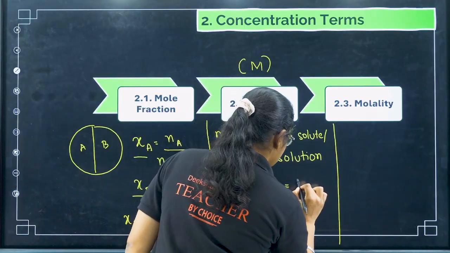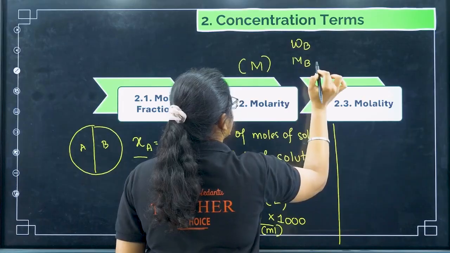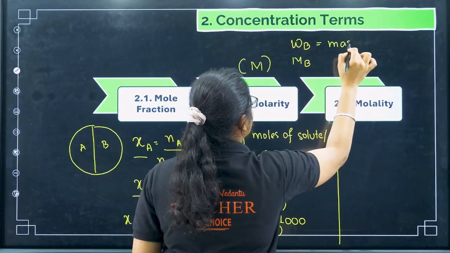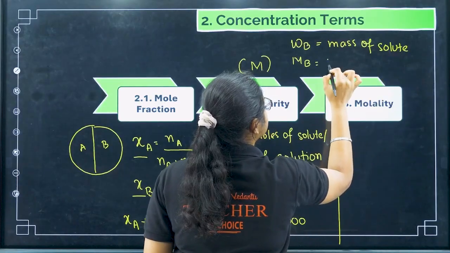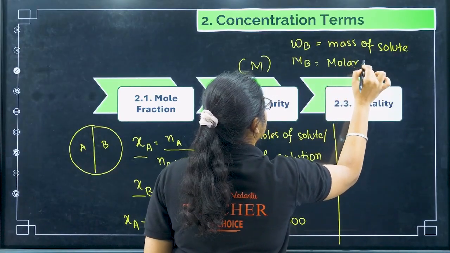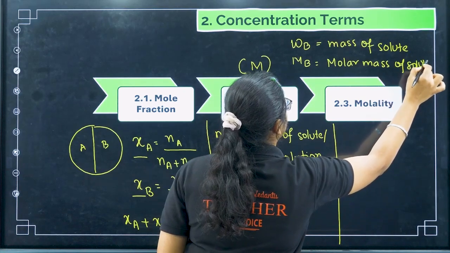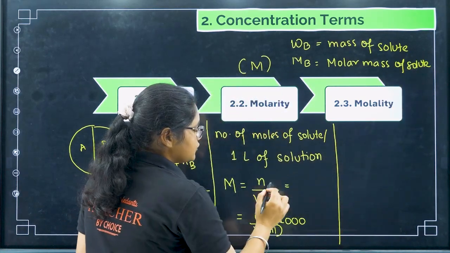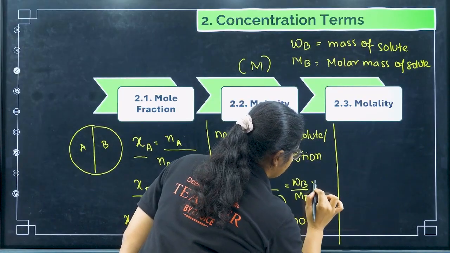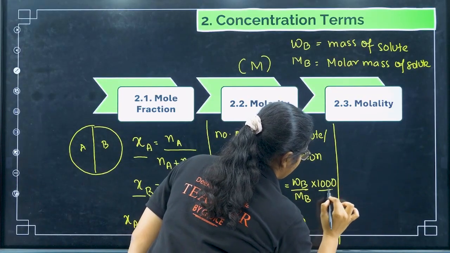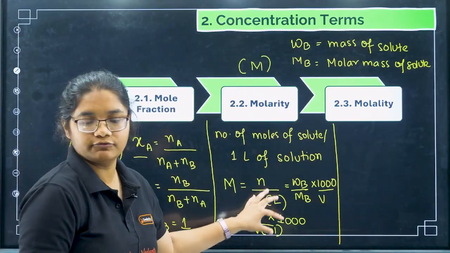So it is WB by MB, where WB is the mass of solute and MB is the molar mass of solute. So here I will write mass WB by MB into 1000 by volume of the solution. Whether liter or ml, you have to check here.